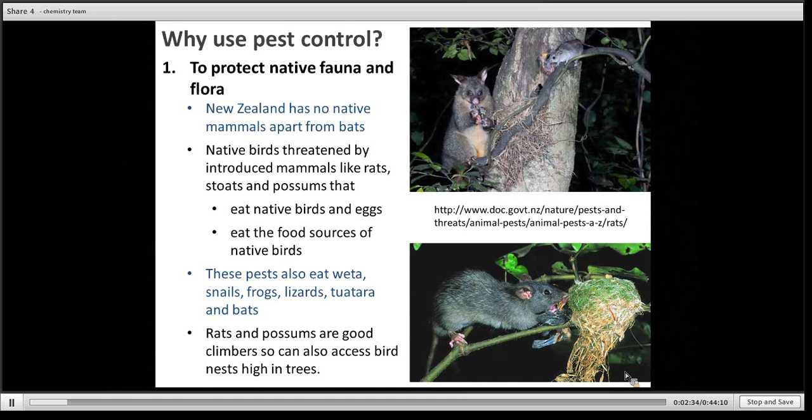Also feral cats, and as I said, the rats, stoats and possums, and there are of course others as well. Rats and possums are particularly bad because they are climbers. They are very good ones, so they can access the bird nest high in the tree, so they can't escape. And of course all the ground birds like the kiwi that can't fly are also susceptible to a lot of the pests.